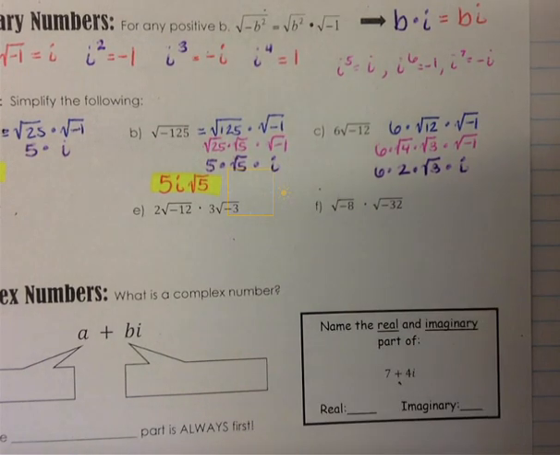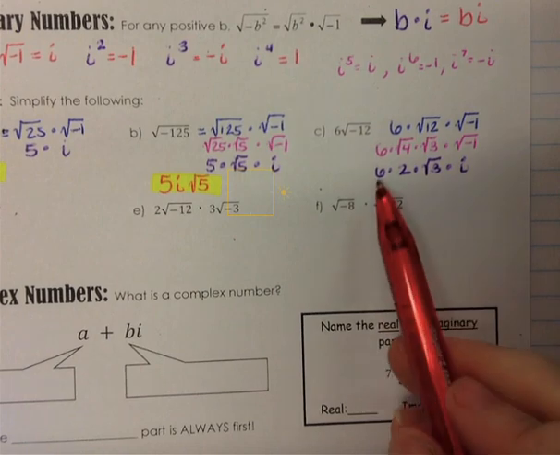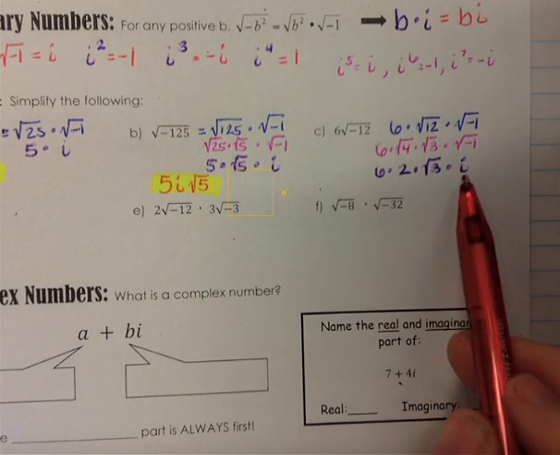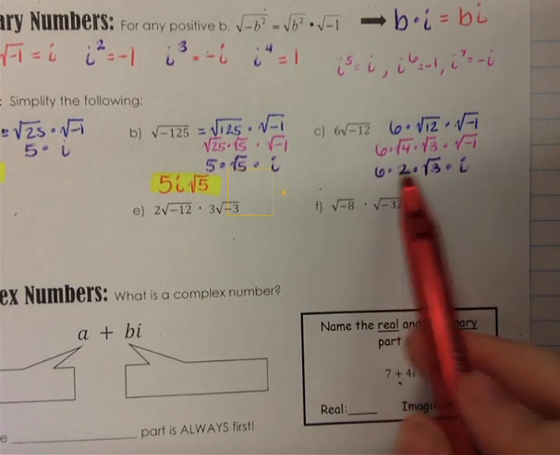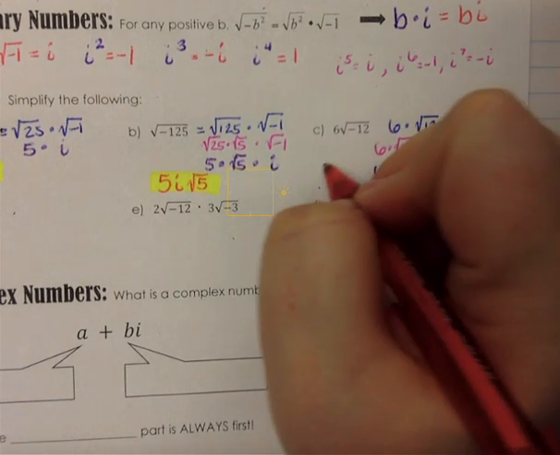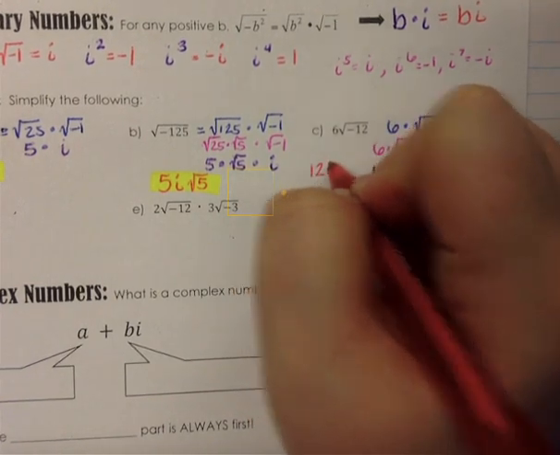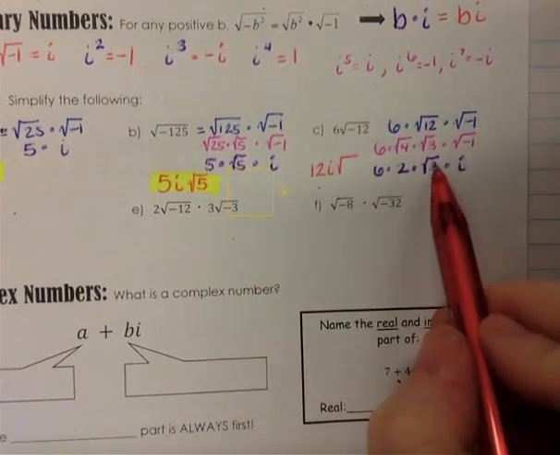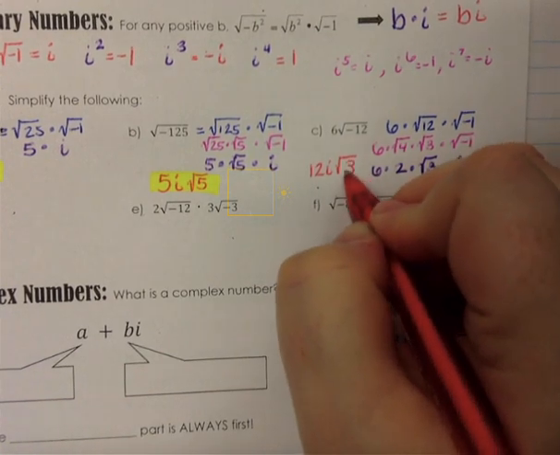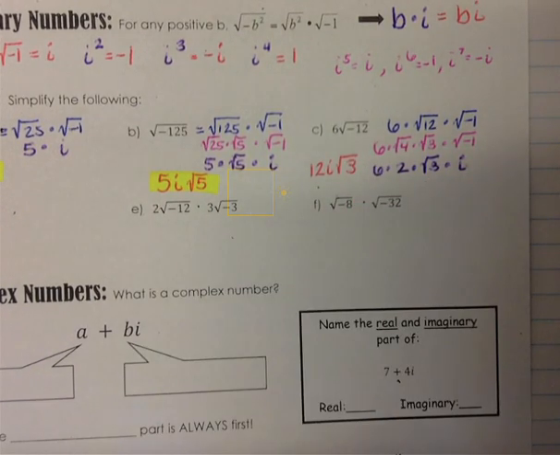Now we again multiply all of our coefficients, which is 6 times 2 times i. 6 times 2 is 12, times i is 12i. So we have 12i, and the square root of 3 is still inside the radical. This is our answer.